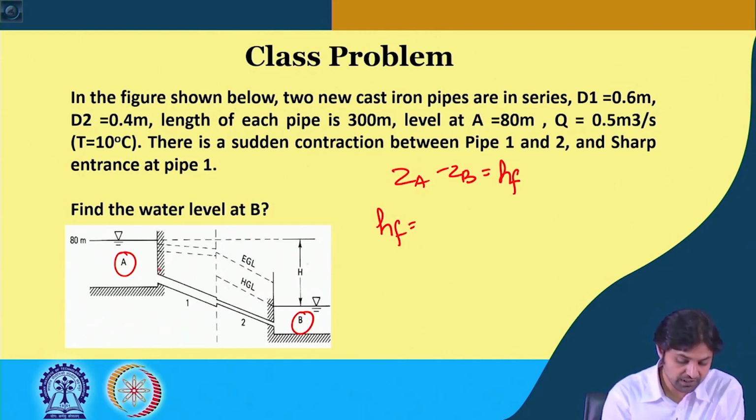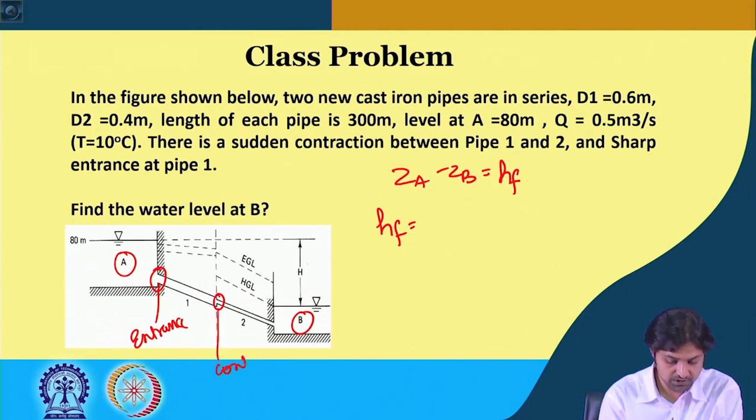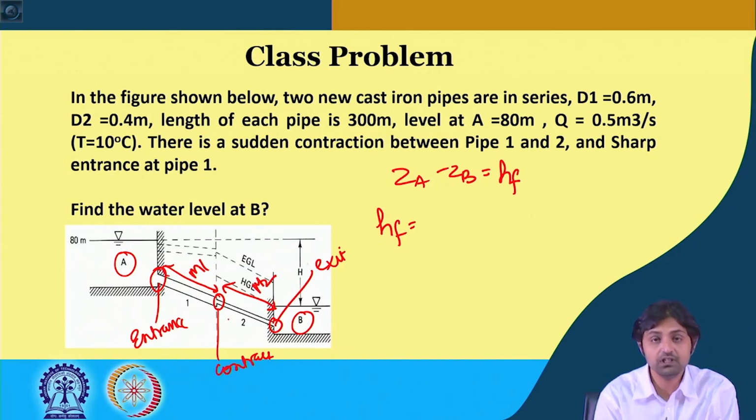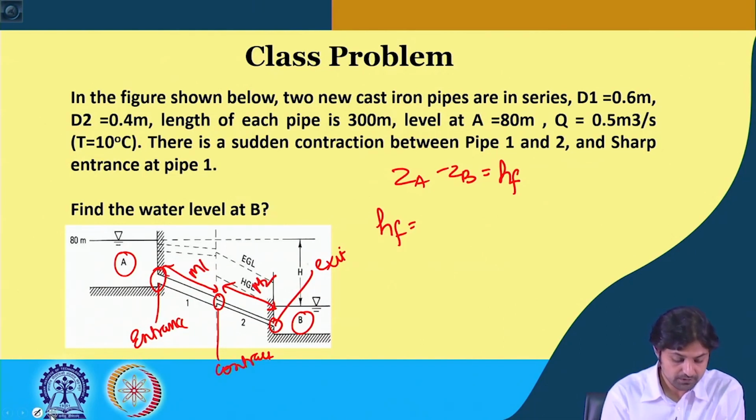There will be a loss at the entrance here, right? There will be a loss here due to contraction, and there will be a loss due to exit. These are the three minor losses. There will be one major loss M1 here, and there will be a loss M2 here due to the flow in the long sections of the pipe. All right, good. So to solve that, we will take the help of the white screen again.